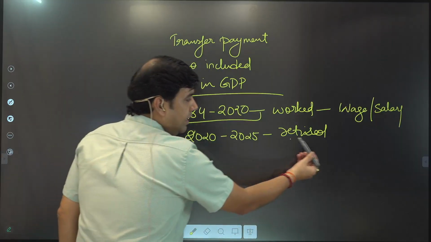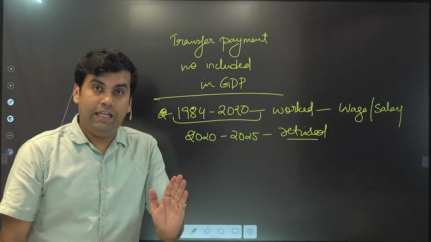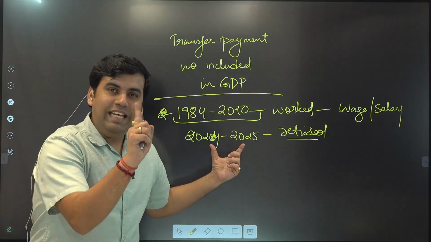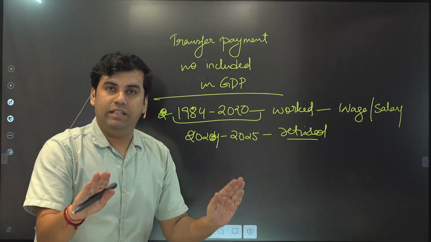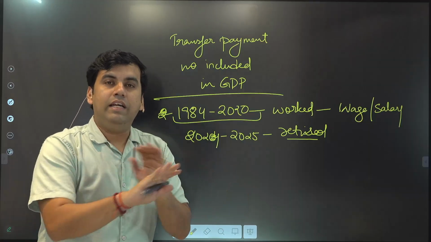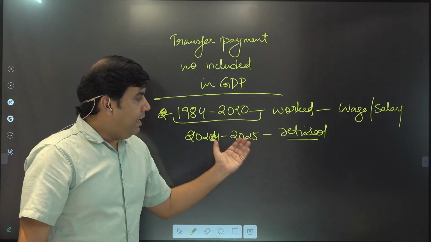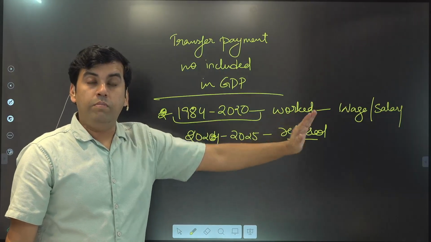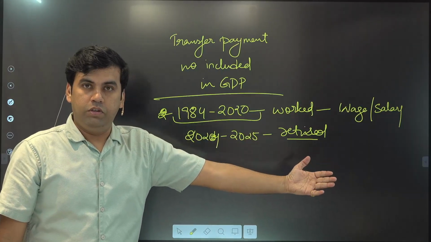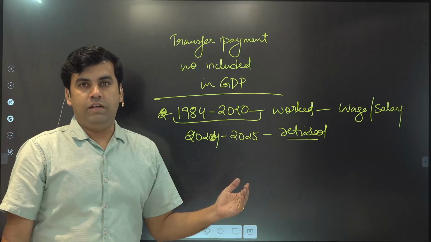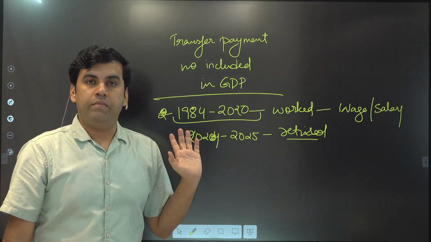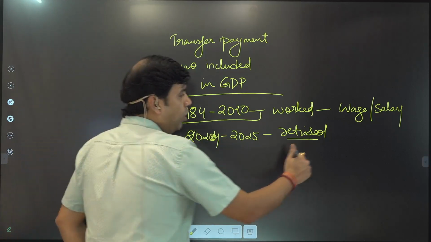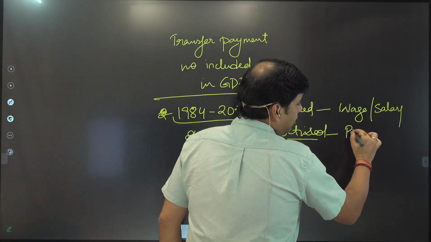Now he is retired. He is not working. Chalo, let's take it 24, 25. In this one year, he has not worked at all. Now, when he has not worked, will he get factor payment? No, because no factor was produced. No production has been seen. There is zero production of anything, right? So what will he get? He will get pension.